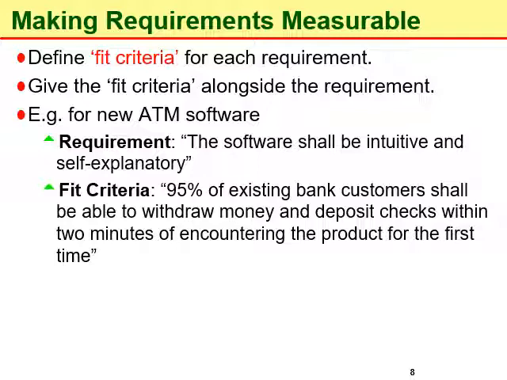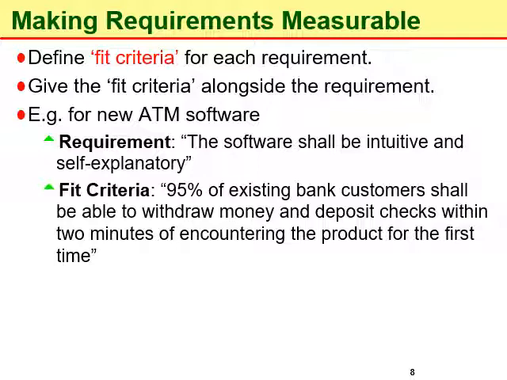Intuitive and self-explanatory are subjective terms whose meanings are hard to define unless we associate some fit criterion that is quantifiable or measurable. So here we have a fit criterion.